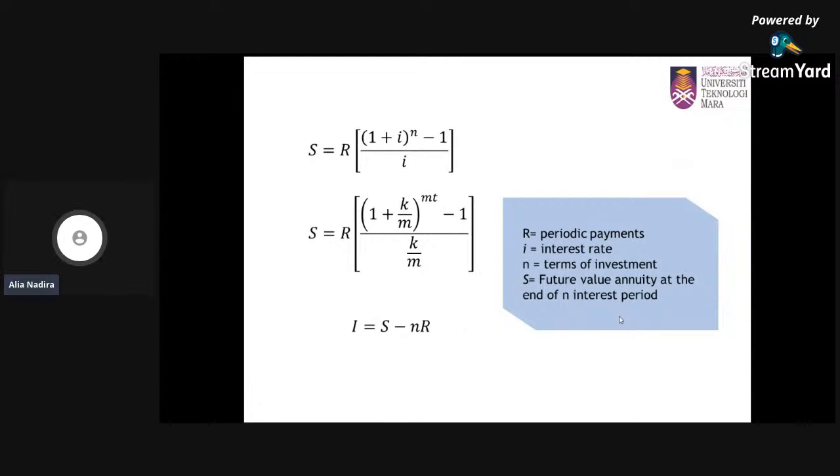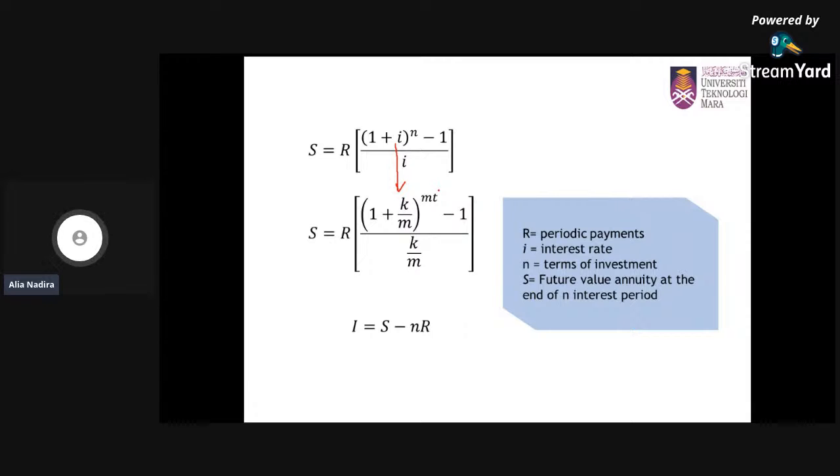So basically this is the formula to calculate future value. This one is the original formula. We have R. R is yang periodic payment tu lah. What is the amount yang you masuk every month ke every week? So R, (1 plus i) to the power n, minus 1, over i. Okay, i is actually k over m, n is mt. Kalau you perasan, this one is actually from compound interest.